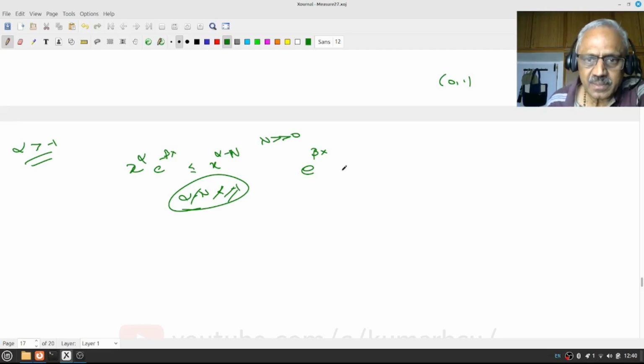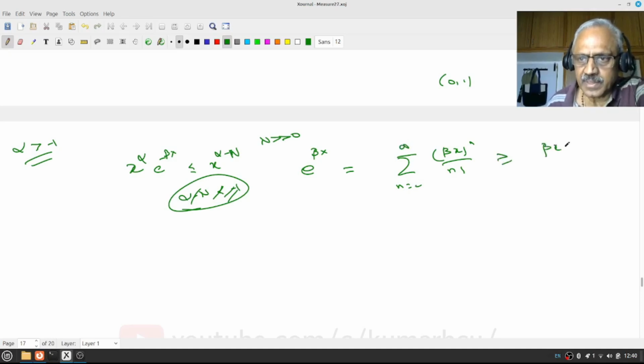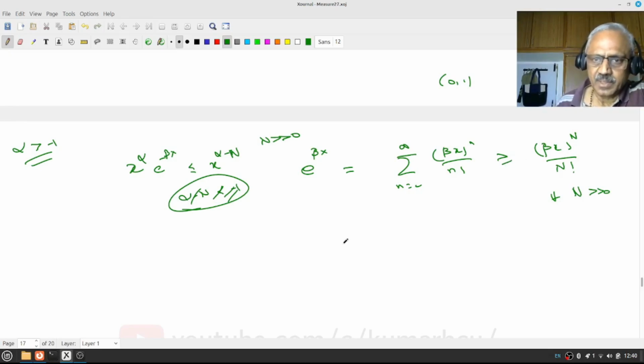Then let us look at e^(beta x). We know it is the sum of (beta x)^n by n factorial, n from 0 to infinity. Therefore, this is greater than or equal to (beta x)^n by n factorial for any n. It's actually strict, but let's not worry about it.